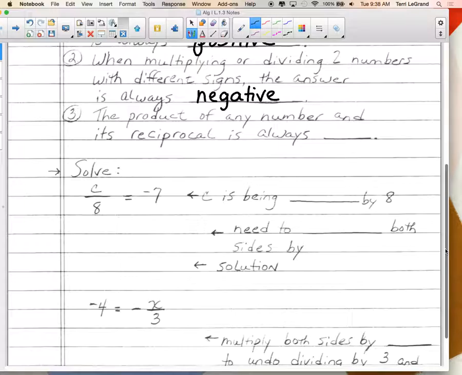Okay. 1/3 and what's its reciprocal? 3/1. 1/3 and 3/1 are reciprocals of each other. Give me another example. Andrew. 1/5. What's the reciprocal of 1/5? 5/1. Okay, now somebody give me the reciprocal, or all of you, give me the reciprocal of -2.